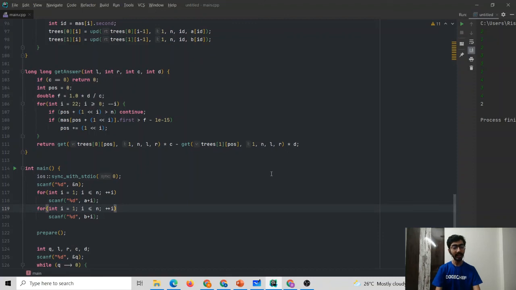What we have done is sort the array by A by B values, because we realized that for each query the value of D by C shows us that all the points which have the A by B value greater than this D by C will only contribute to our solution.